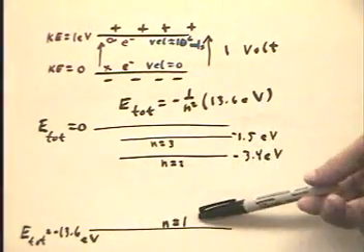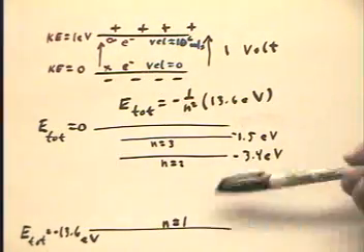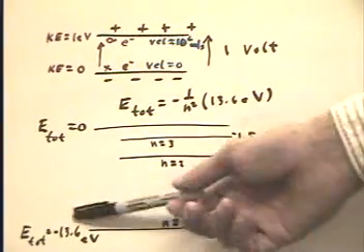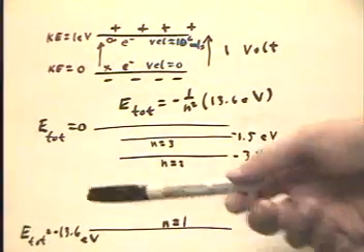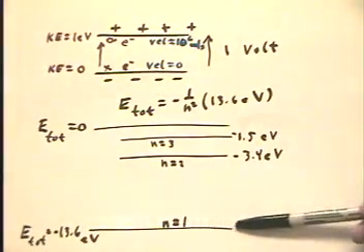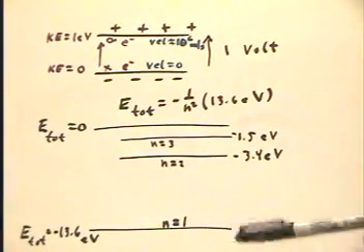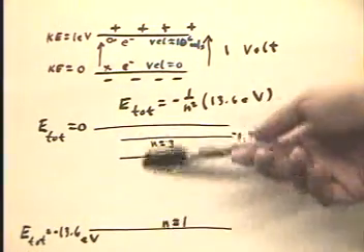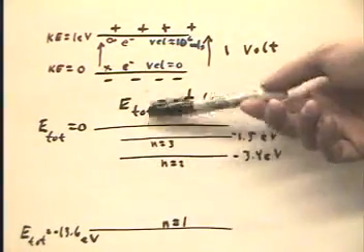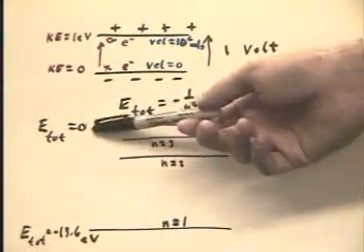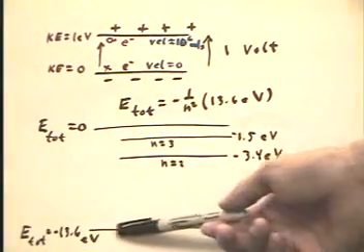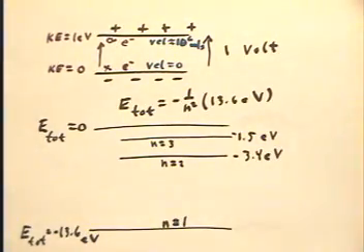If n equals 1, 1 over n squared is 1, times negative 13.6 electron volts just gives us the negative 13.6 electron volt potential. We're going to illustrate that. We're going to let energy move along the vertical, or the y direction, if you prefer. We're going to put total energy 0 here, and total energy negative 13.6 electron volts here.